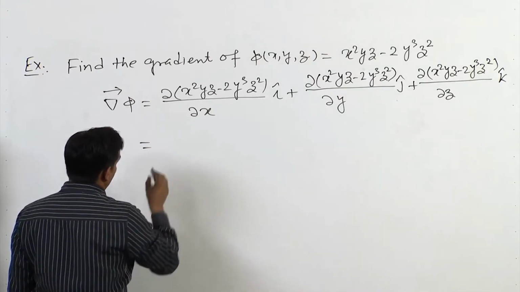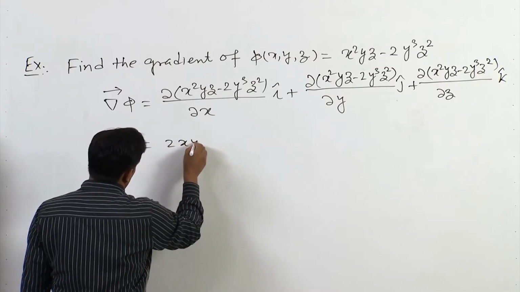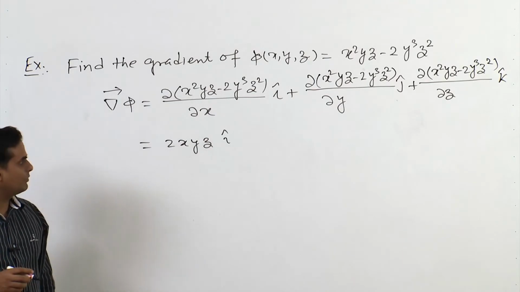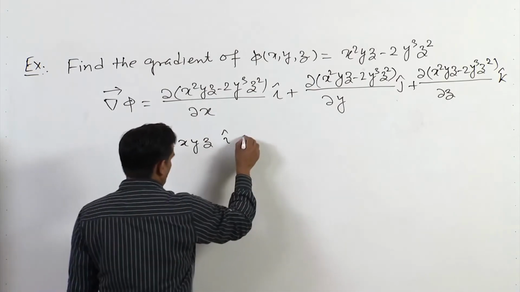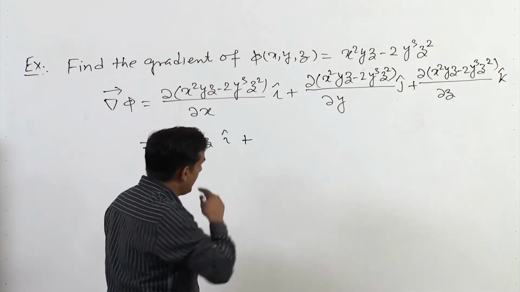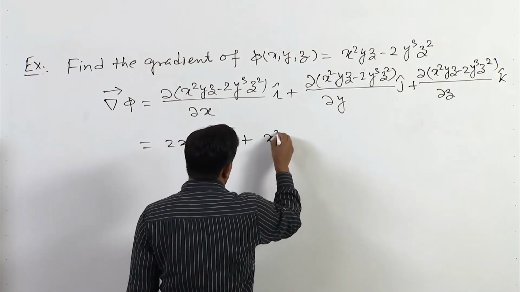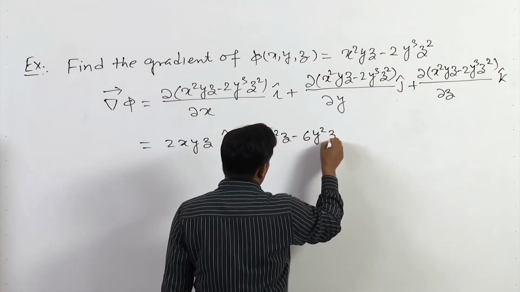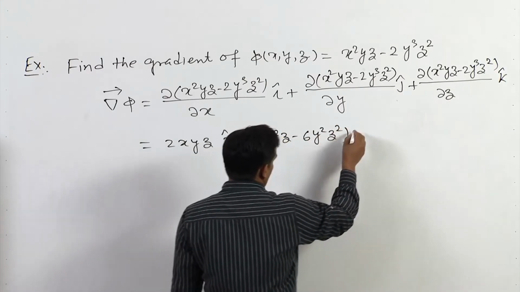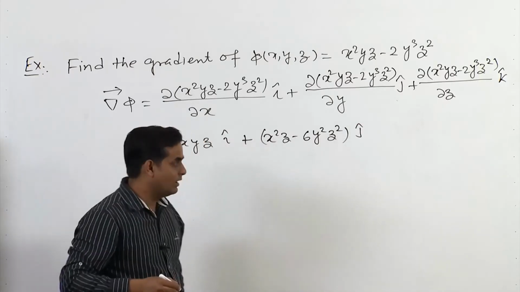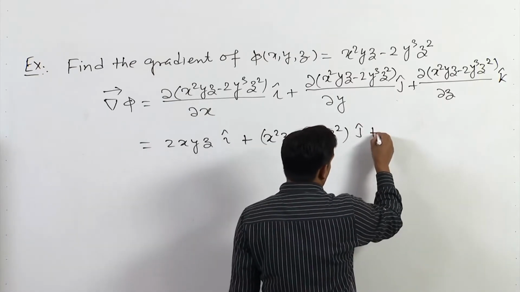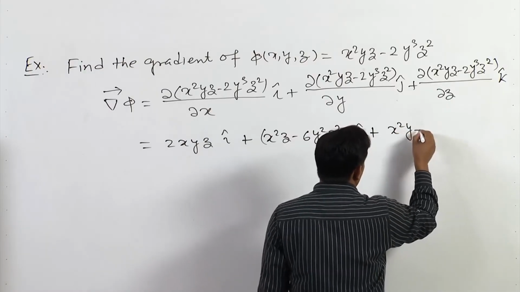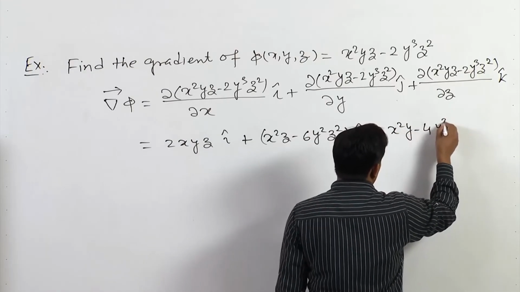So the i component will become 2xyz, the j component will become x square z minus 6 y square z square, and the k component will become x square y minus 4 y cube z.